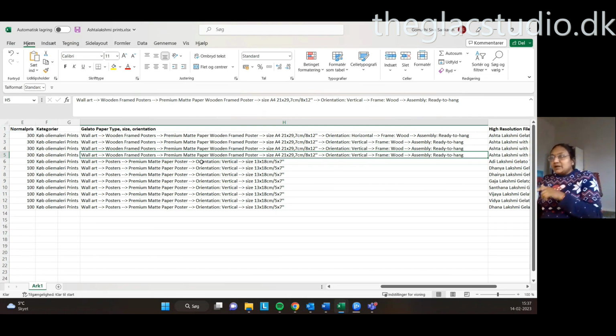So you will have to do the math mentally of the kind of things that you want to offer, and say, okay, this is the thing I want to offer, and look at the price that they are quoting. On top of it, I think you will have to put in a little bit for profit. In this particular case, the pricing is slightly easier because you have chosen a size, a type of paper, orientation, and whether it is a frame or not. Because they are professionals and they have been running this business, they can give you a quote on the price range.